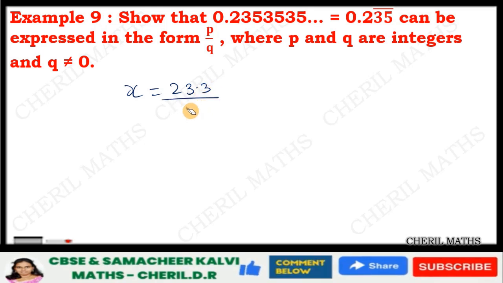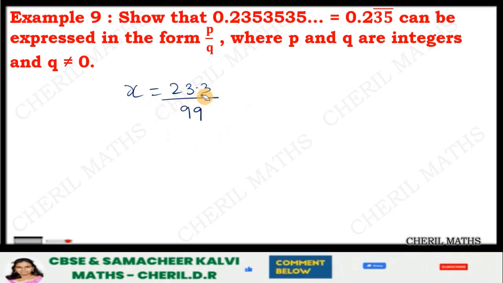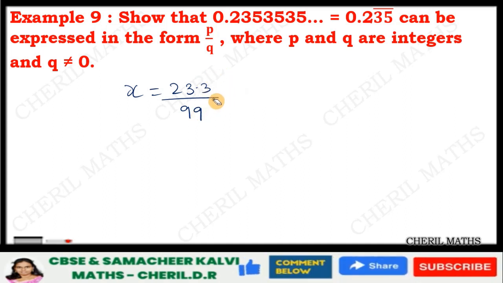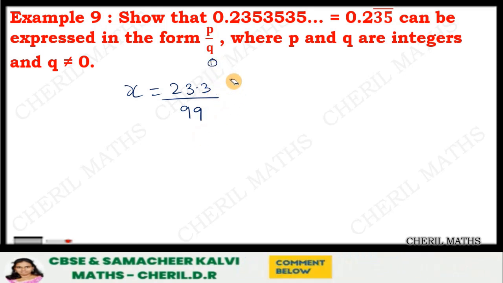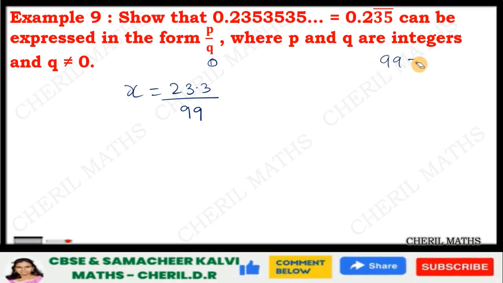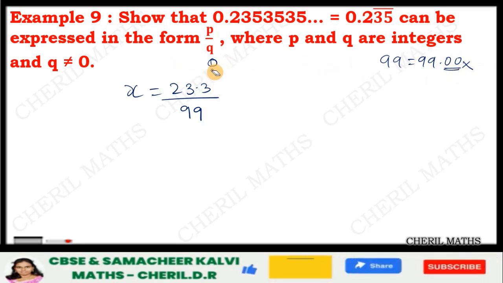23.3 divided by 99. Whenever you have numbers like this and you need to convert them into integers, see how many numbers are there after the decimal. In the numerator, 1. In the denominator, you don't have anything, because it is understood that 99 is nothing but 99.00. So after the decimal you don't have any number. So you have 1 there. So which is greater of all? 1.